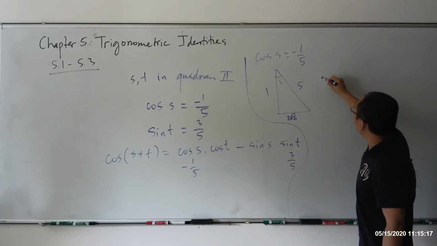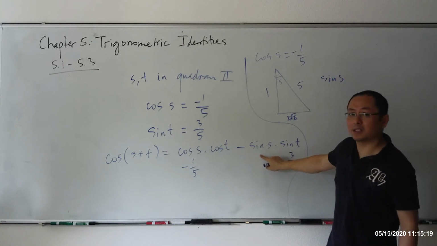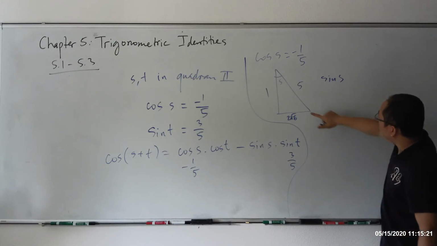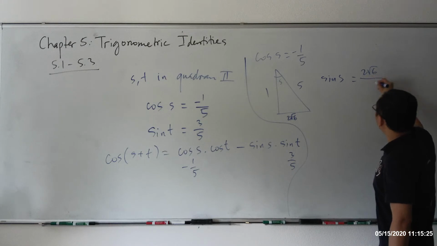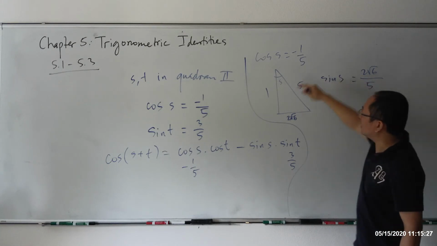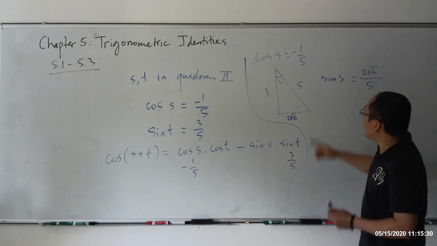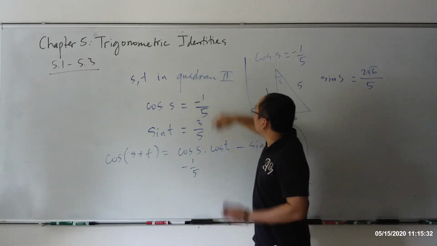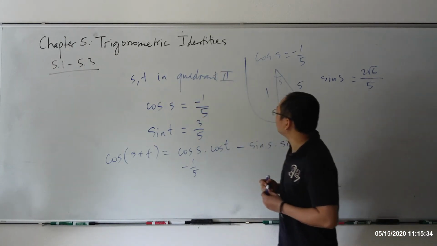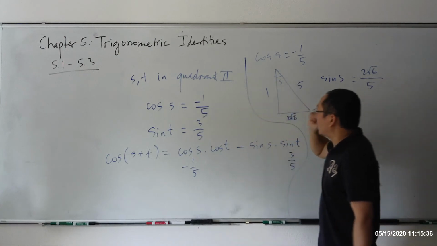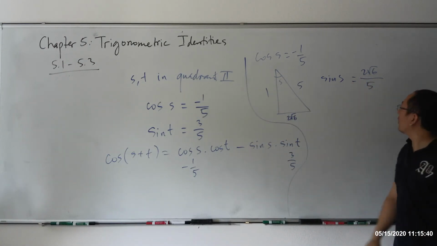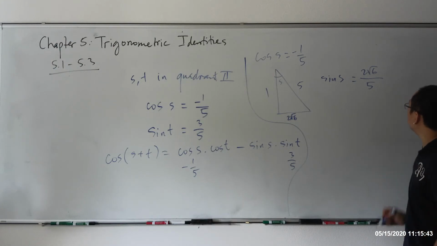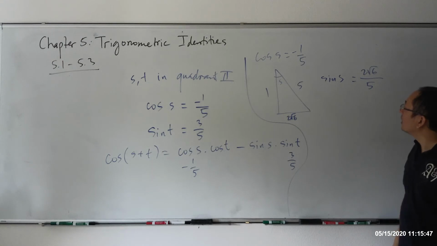Sine of S is what? Opposite over hypotenuse equal to 2 square root of 6 over 5. Now we have to check the sign and see whether it's positive or negative. Since the angle S is in quadrant number 2, cosine is negative, but sine is going to be a positive number. So sine of S is 2 root 6/5.